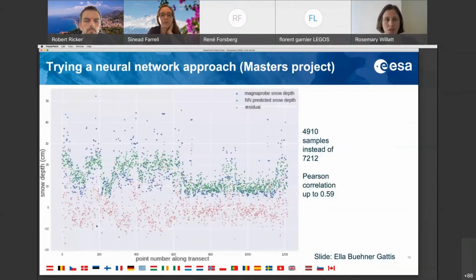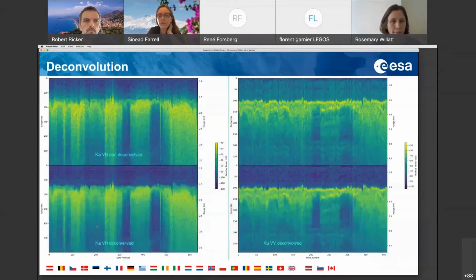And very interestingly, the neural network, using the MagnaProbe snow depths and those echoes that we fed it, was able to track fairly effectively, shown here in green, the snow depths as compared to the MagnaProbe snow depths shown in blue. So there is the potential for an AI approach to also be quite good at doing some of this peak picking and determination, and that's something we'd like to do some more work on. That was a very interesting project.